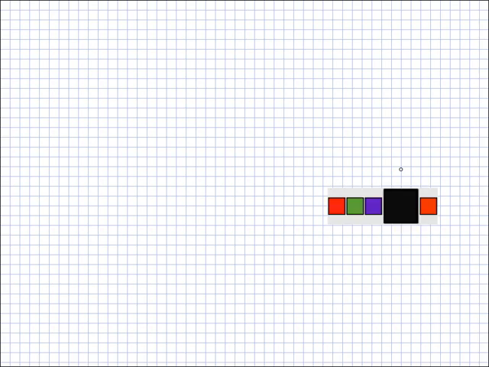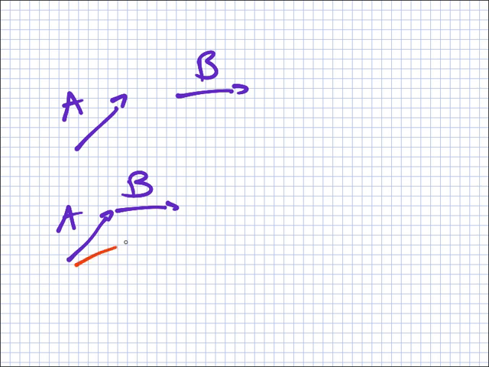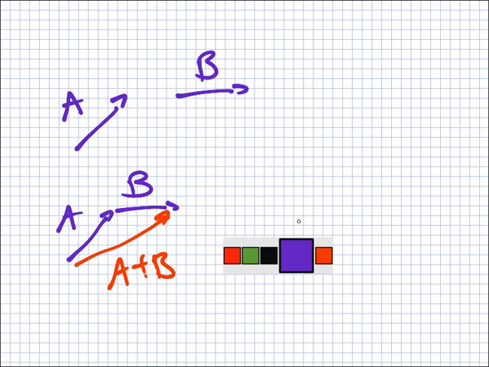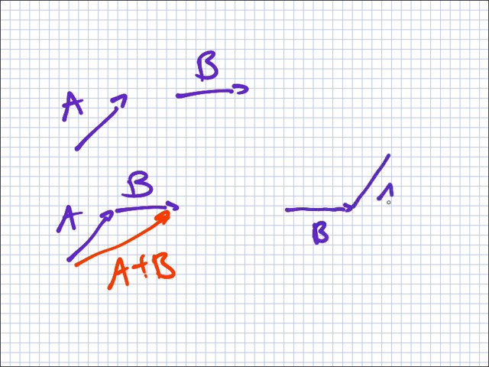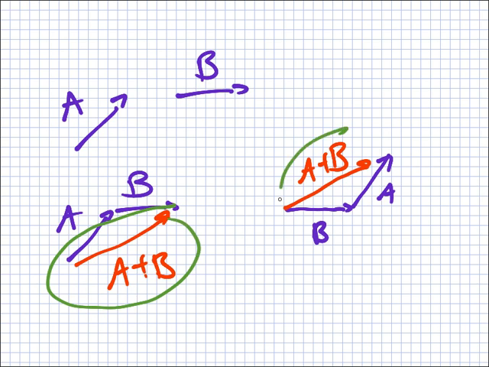Say here is vector A, and then here is vector B. If I draw this, this is A plus B. But if I draw it the other way, there's B, and there's A, and here is vector A plus B. Can you see that the vector A plus B is the same vector? It doesn't matter if it's A plus B or B plus A. You get the same answer.